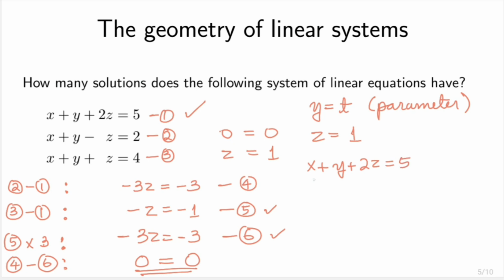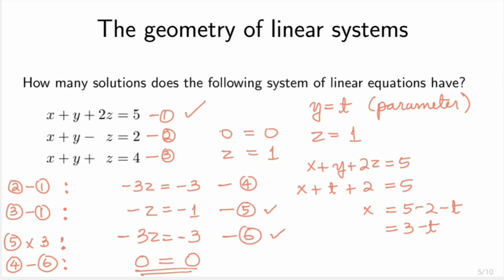So let's substitute the values of y and z here. So we have x plus y, which is now t, and z is 1, so plus 2 equals 5. That means that x equals 5 minus 2 minus t, which is equal to 3 minus t.